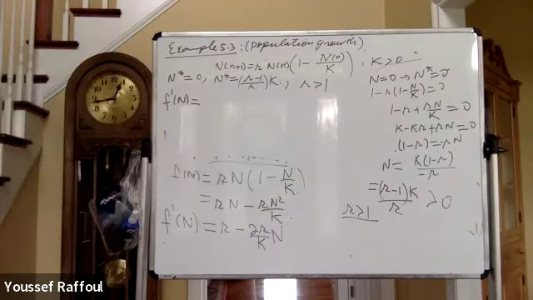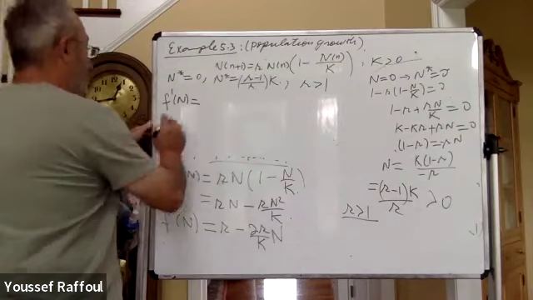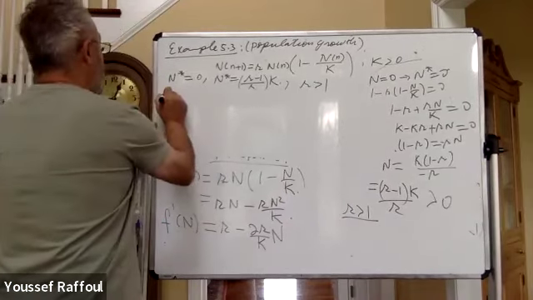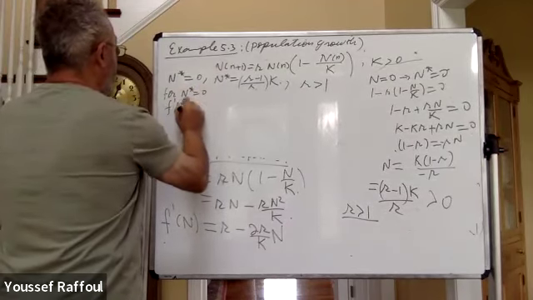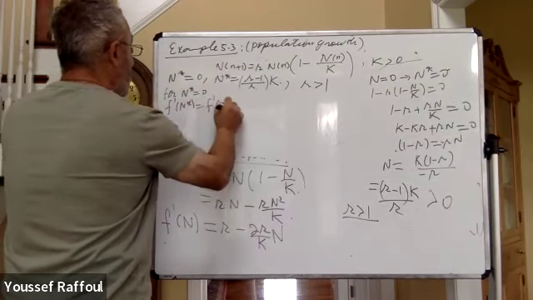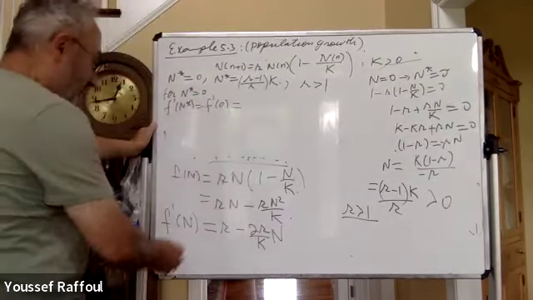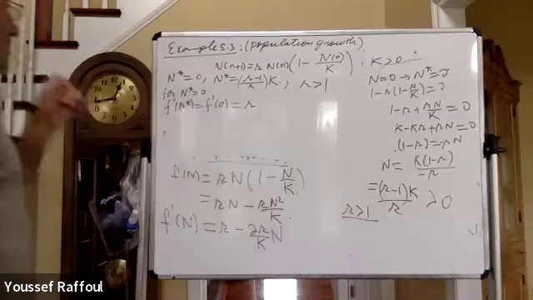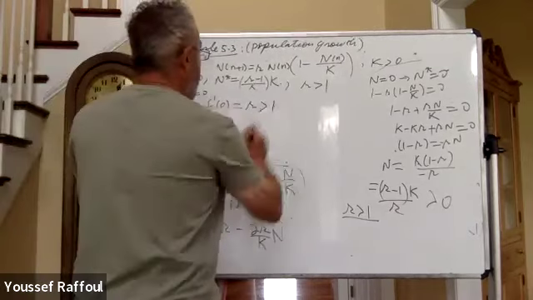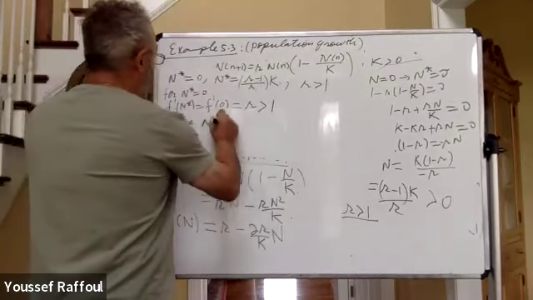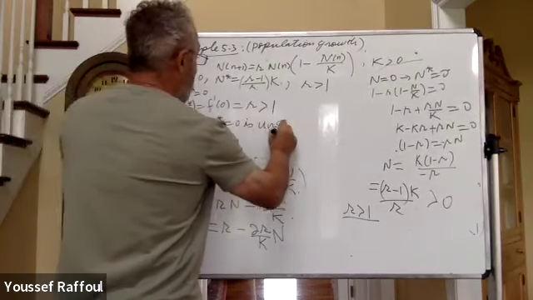So now for n star equals 0, f prime of n star equals f prime of 0, and that is r. Well, that is really good. And so that is bigger than 1. So n star equals 0 is unstable.